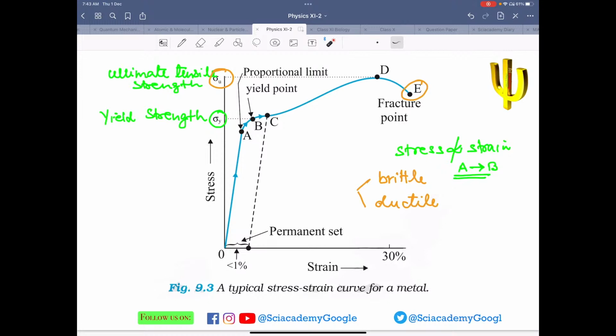So gold is able to be expanded in sheet form because of its ductile nature, right?